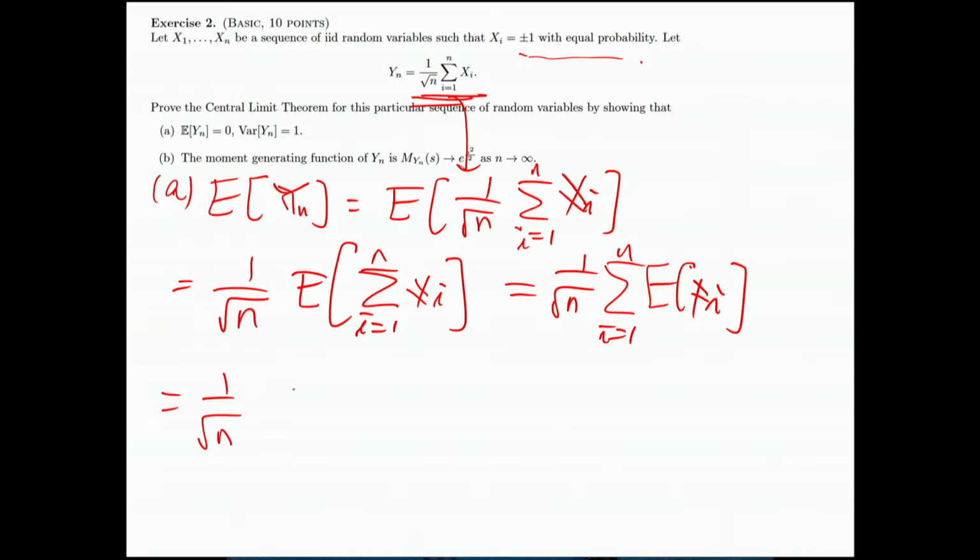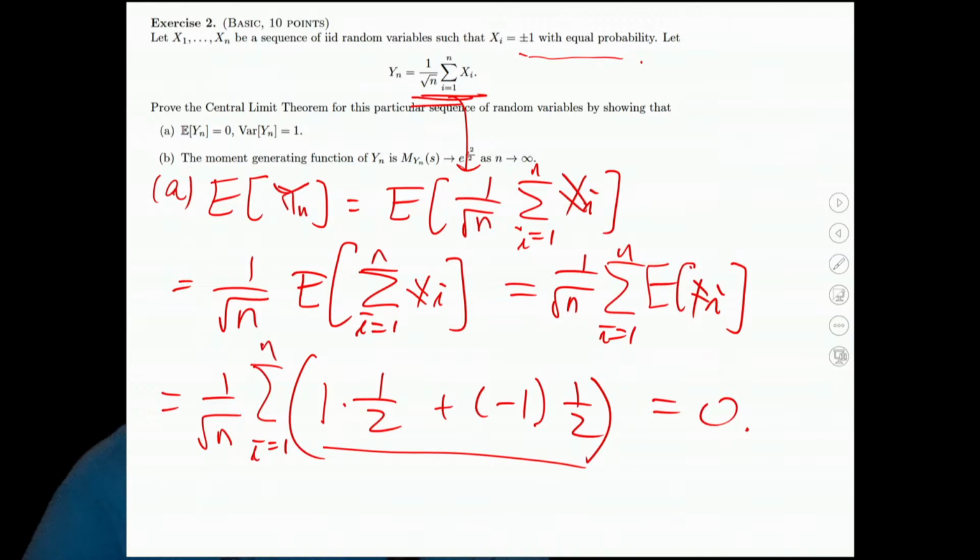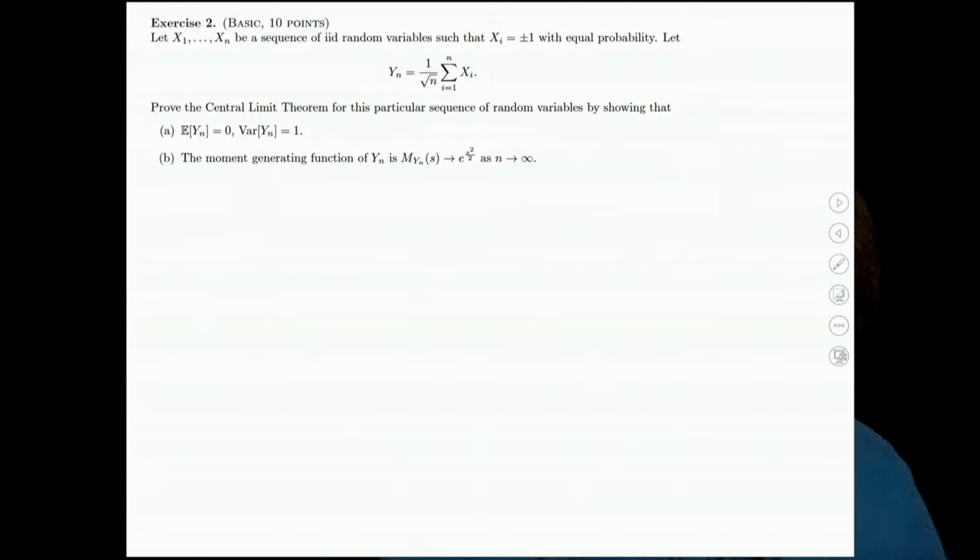Now that's 1 times 1 over 2 plus minus 1 times 1 over 2, equal probability. I still have i equals 1 to n here, and this is 0. Now done. Next one, variance.